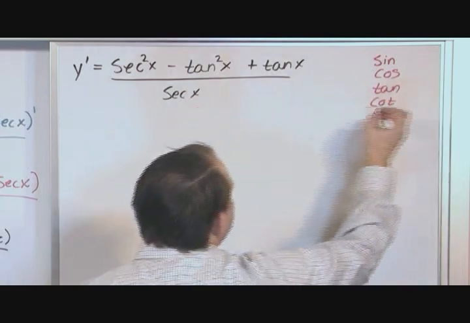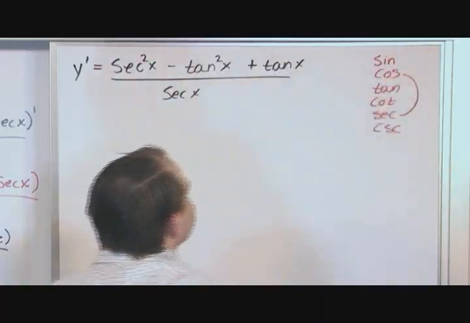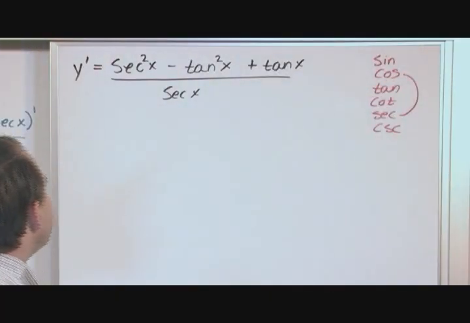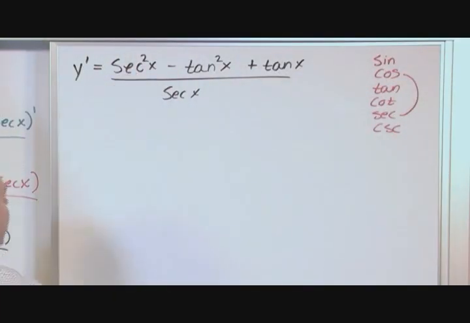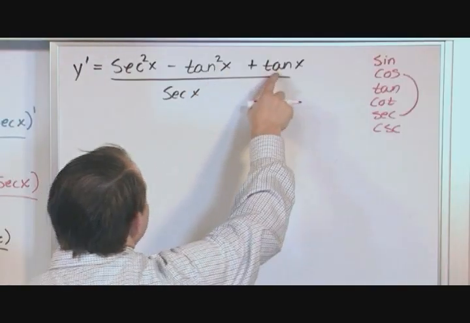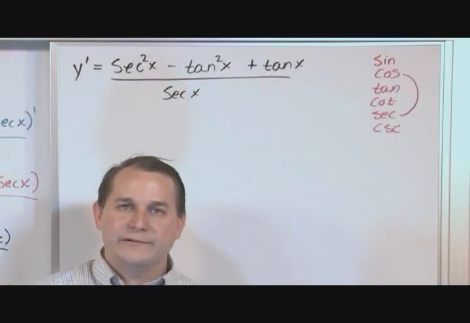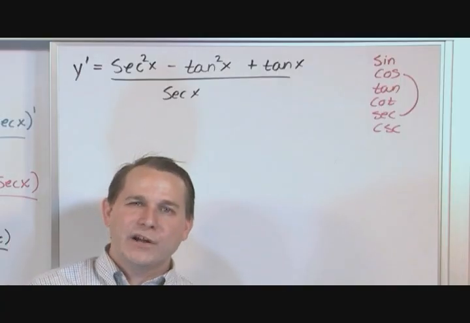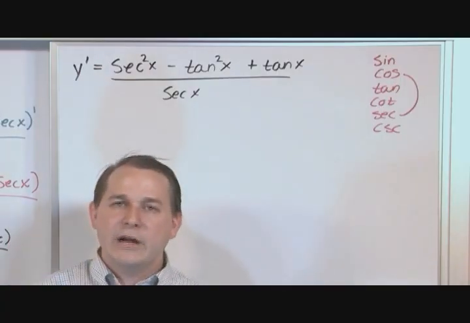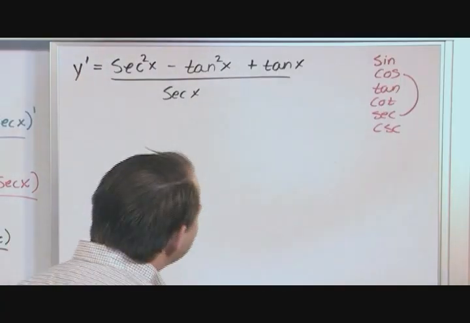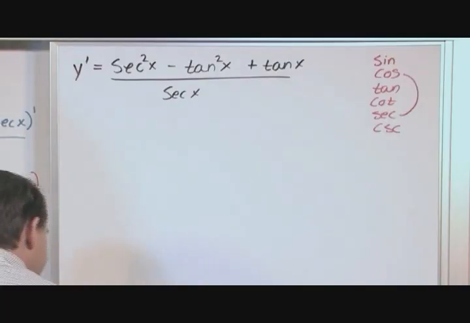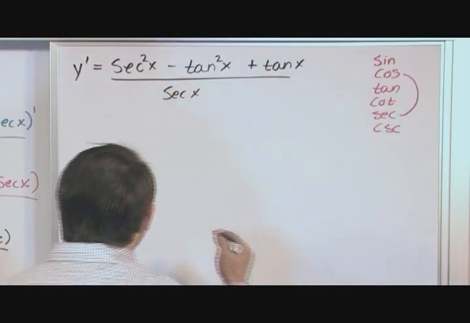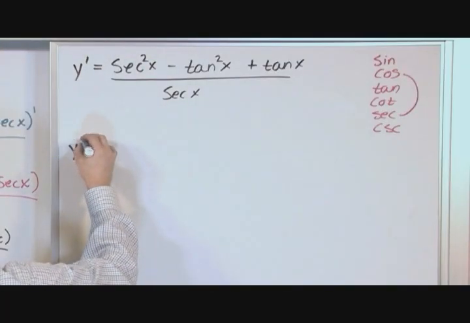So this secant on the bottom, if I were to rewrite it, it would be in terms of a cosine, 1 over cosine. I know that these tangents are going to be basically sines over cosines. So because I see a cosine on the bottom and all these cosines on the top, I know that I'll be able to cancel them. So like I said, it's a little bit subjective, but you're certainly not going to get penalized for it. So let's just do it and see where it takes us.